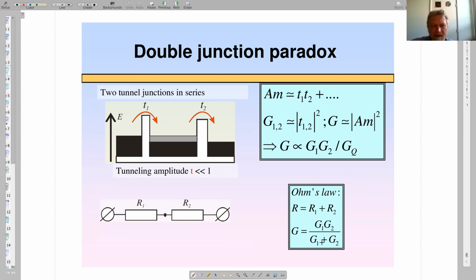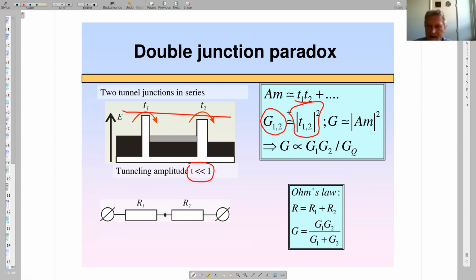So I take two junctions in series, and I assume that the transmission amplitude is much smaller than one. So in fact, those are two tunnel junctions. Fine. What would be an amplitude for a wave which traverses the junctions? It has to be product of amplitudes, right? How can I estimate these amplitudes? Well, from conductances of both junctions. Apart from conductance quantum, squares of amplitudes define the conductance.